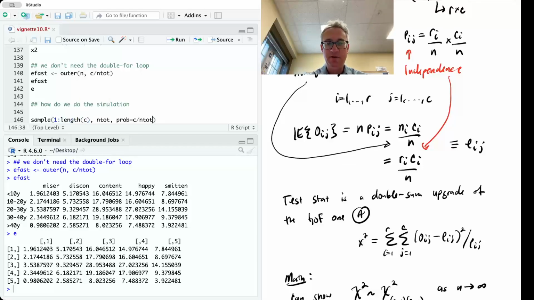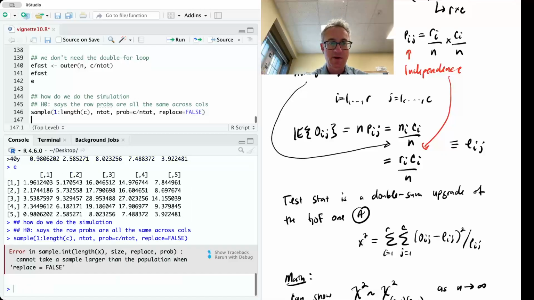And I've got to have replace equals false, because this is a big toss of a die. I'm tossing the die across each one of the columns, just like in a goodness of fit test, but now I've got rows, and my null hypothesis says the row probabilities are all the same across columns.